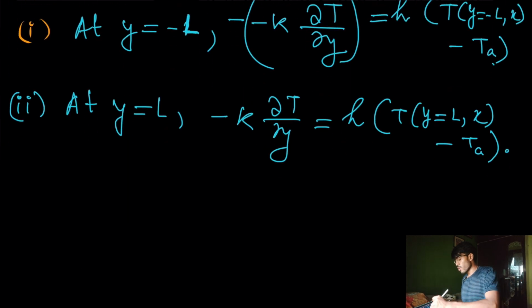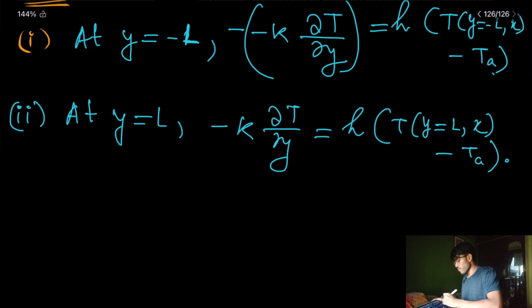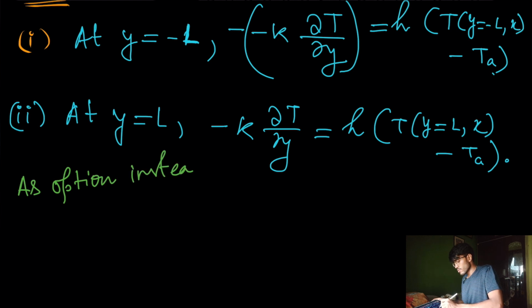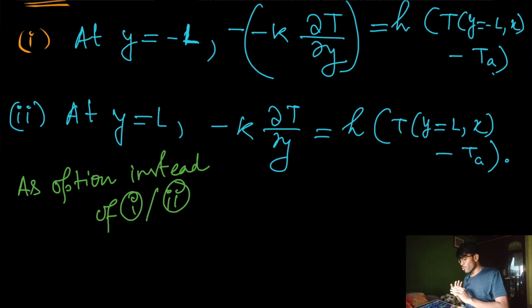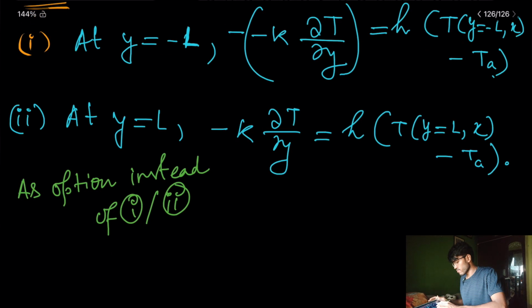That means if I drop any one of the boundary conditions out of 1, 2, as an option I can write another one instead of 1, 2. I am writing this because don't tell yourself that I have 3 boundary conditions for y; you can't have.